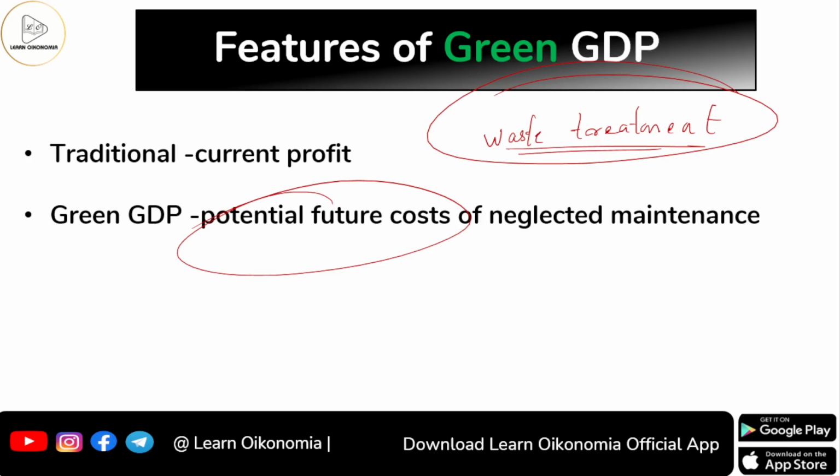These would definitely cause problems to the environment, isn't it? But the traditional GDP won't be capturing all these kinds of things. The green GDP will be considering this, because today, if the firm is neglecting its responsibility, definitely it will be causing some impact on the future generation. So green GDP captures all these kinds of things.